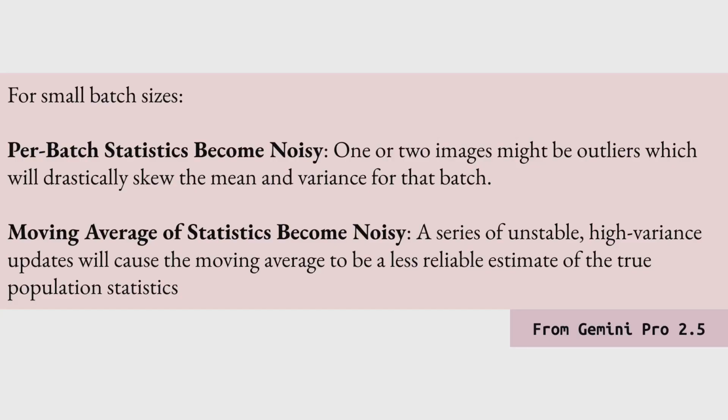However, if I had 32 items in the batch and I had one outlier, now it contributes 1 over 32. So it's 16 times less impactful to the overall batch statistics. And so as we decrease our batch sizes, the per batch statistics is the source of the noise, and that has a downstream effect on the moving average of our statistics, which also becomes noisy.